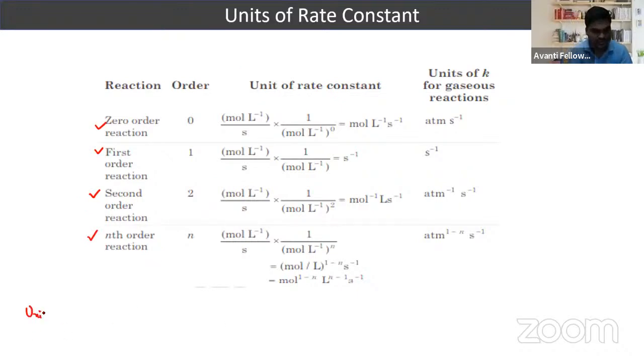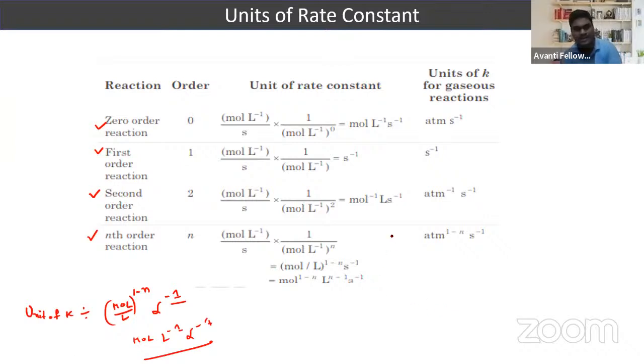The unit of k is mole per liter raised to the power 1 minus n, times second inverse. For the zero order, n is equal to 0, so this comes out to be mole per liter per second, that is mole liter inverse second inverse.